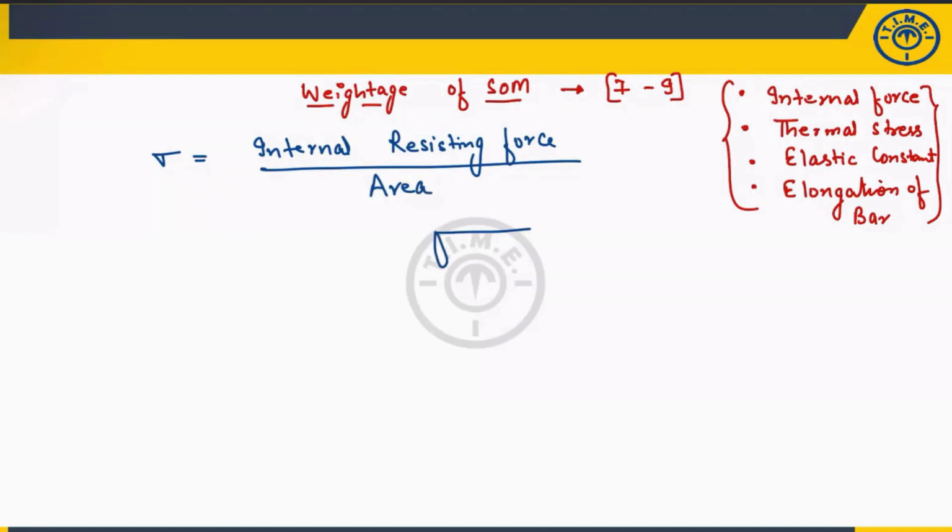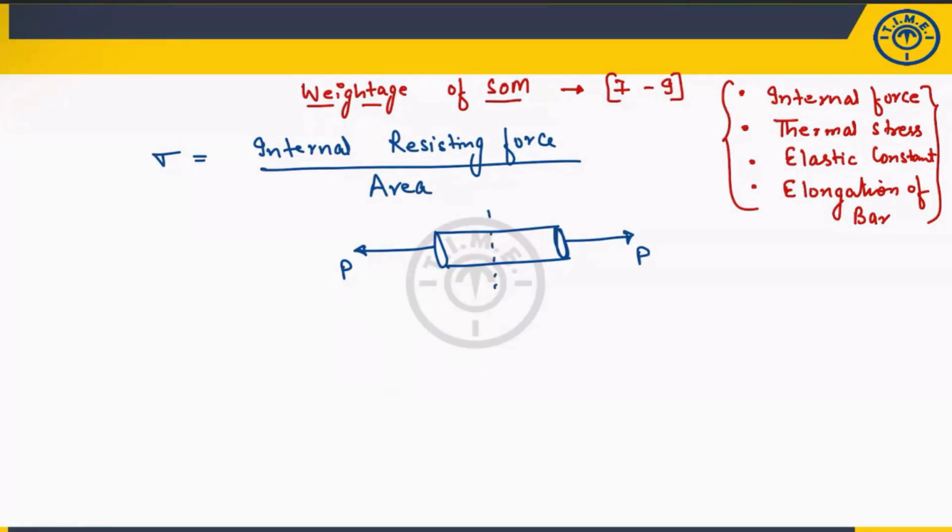For example, there is a bar of circular cross section. If you apply some equal and opposite tensile load, then what will happen? This bar is made of some material, so whatever external load you apply, this bar is made up of an infinite number of particles.